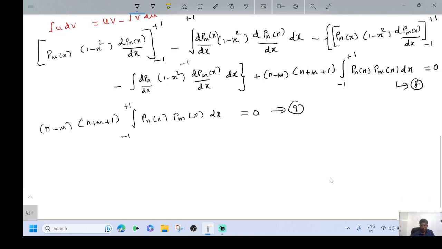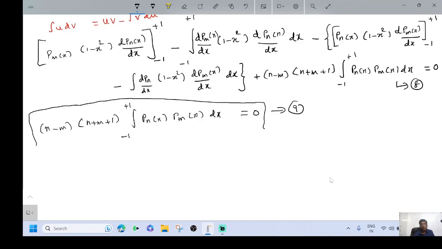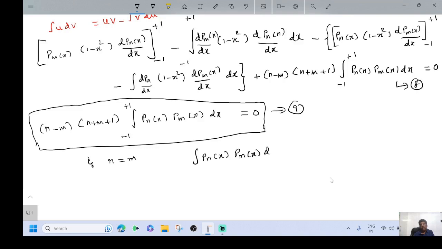In equation 9, say this is an important equation. Using this equation 9, we have to provide the interpretation. If n equal to m, integral Pn of x into Pm of x into dx not equal to 0.